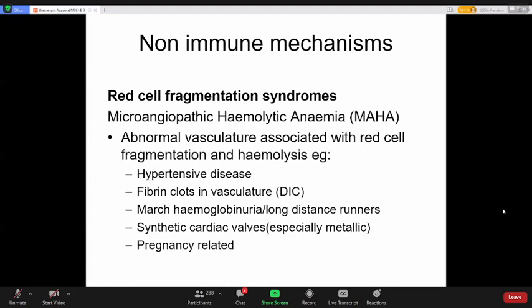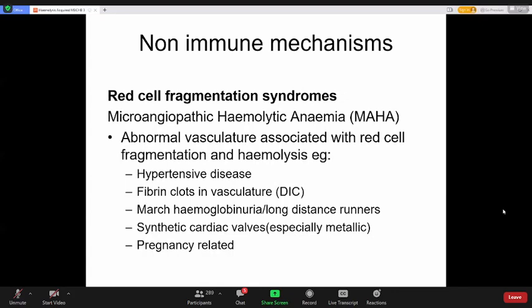As the red cells circulate through the prosthetic valve in the heart, for example, the red cells can be destroyed and they get microangiopathy.